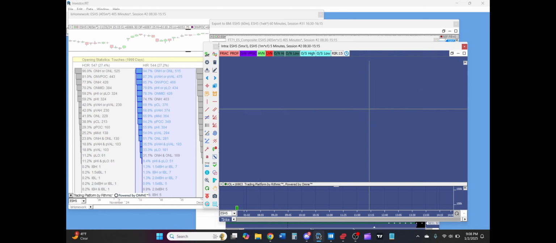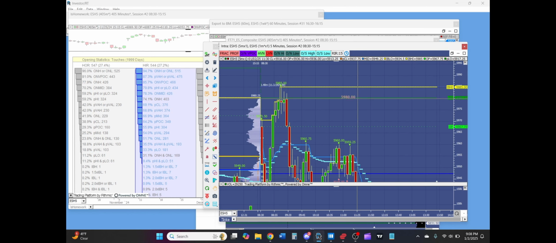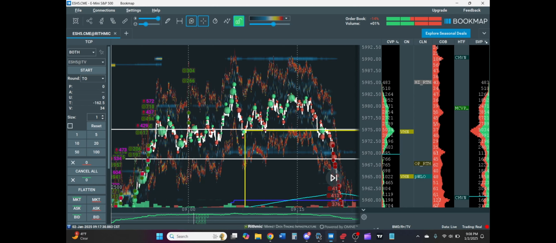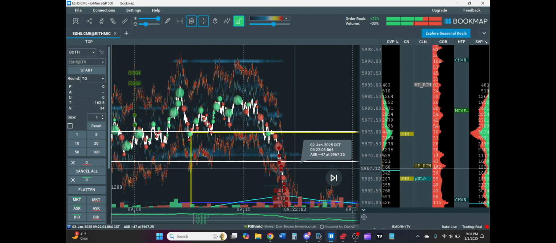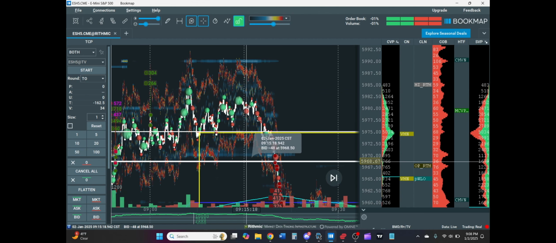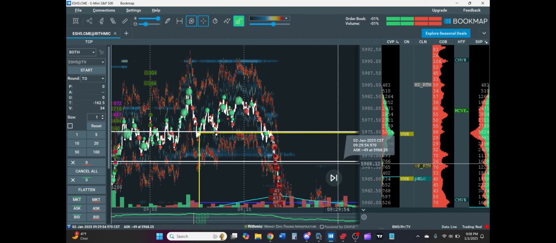Okay, our IB's up there, way up there, 59.85. Oh yeah, high RTH. Okay, so that would be something to look at, which is still 30 minutes out, or 15 minutes. All right, so here's our IB.